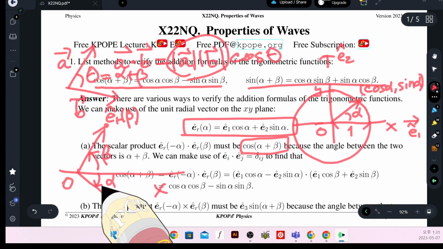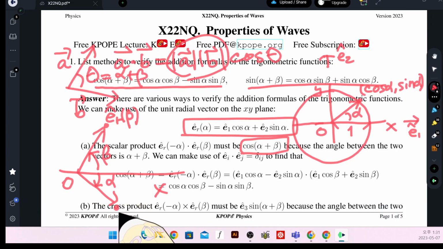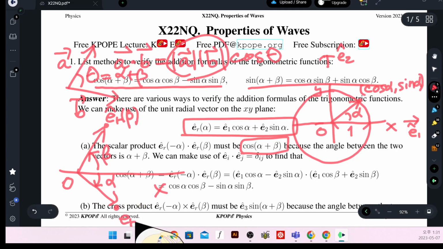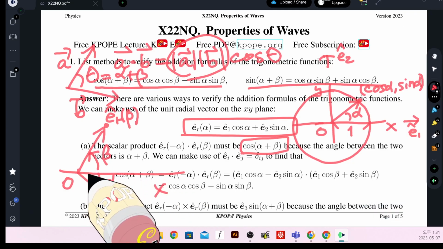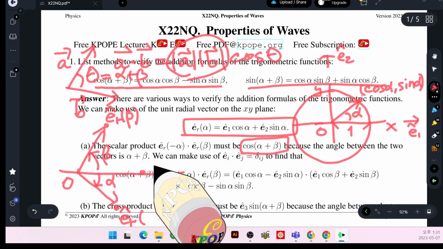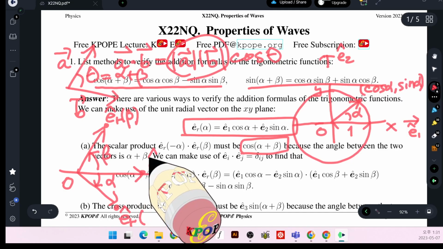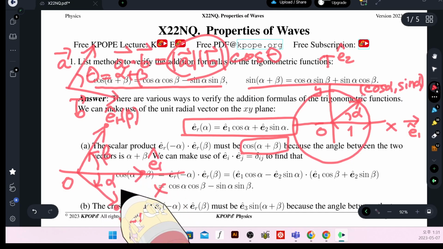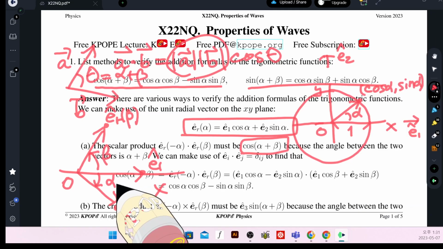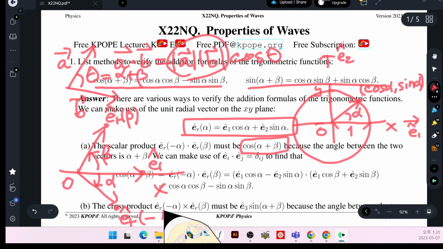The other unit vector can also be expressed in terms of ER. However, we have rotated this vector from this E1 hat by an angle of alpha clockwise. Because it is clockwise, we have argument minus alpha.